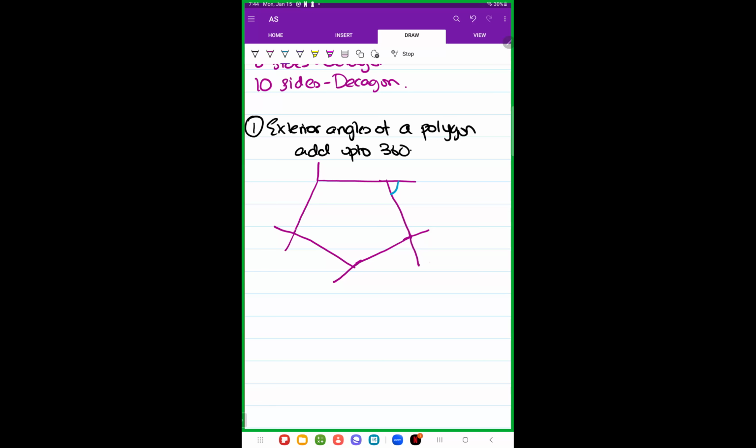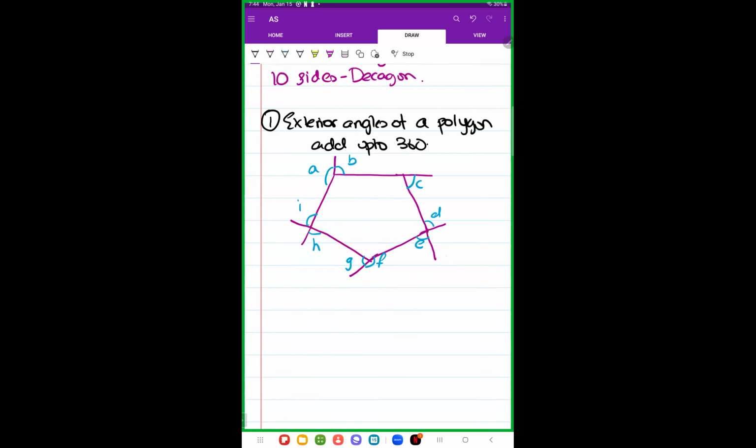All these are exterior angles with the polygon. So they all add up to 360. For example, this is A, B, C, D, E, F, G, H, I. All of these will add up to be 360.